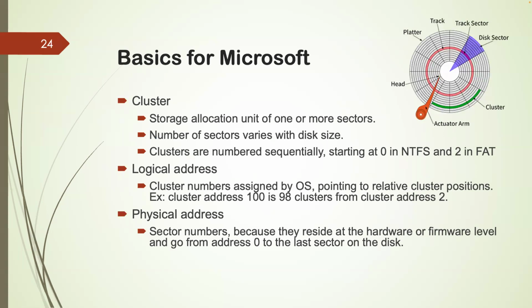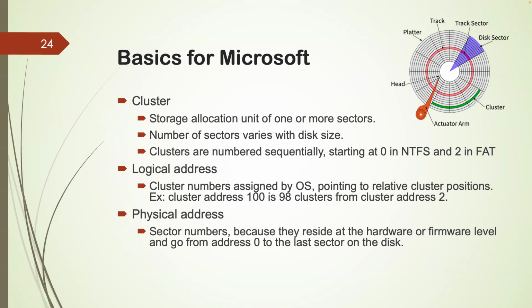So when the operating system looks at the hard drive, it just sees a group of clusters. But we know that the hard drive is not just a group of clusters. In fact, it has different sectors, and one cluster can have one or two or three, more than one sector combined together.